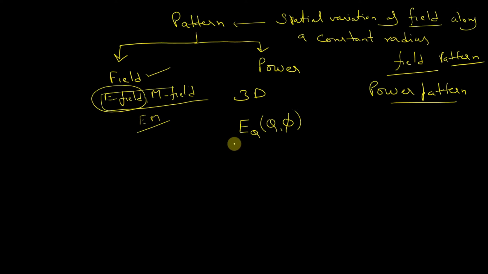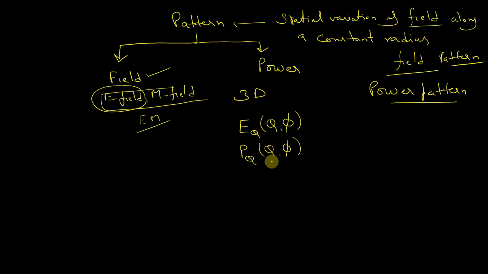Similarly for power, we can write P(theta, phi). Now these field patterns or power patterns can be normalized with respect to the maximum value, because we want to plot them in a small area.